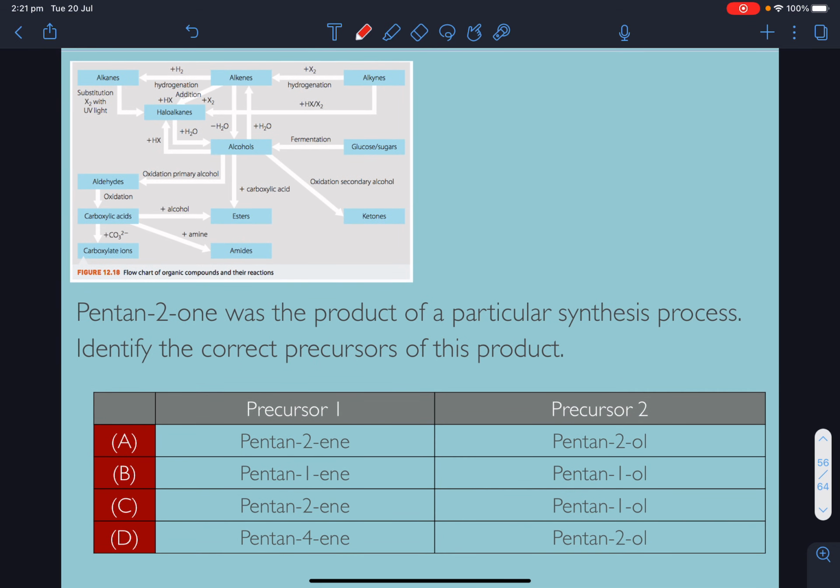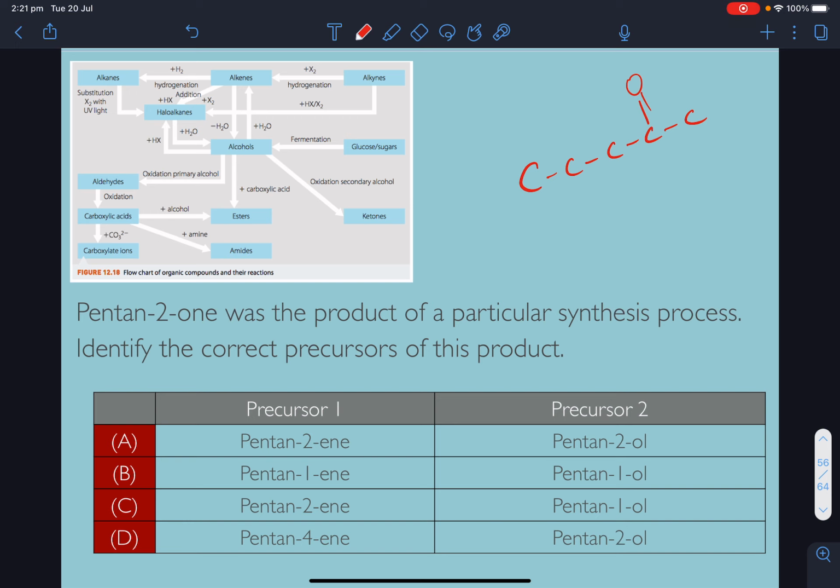Okay. Pentan-2-one was the product of a particular synthesis process. Identify the correct precursors of this product. Pentan-2-one. So it's a ketone. So it's basically that with hydrogens around it. Okay. So precursor 2 just came before this.